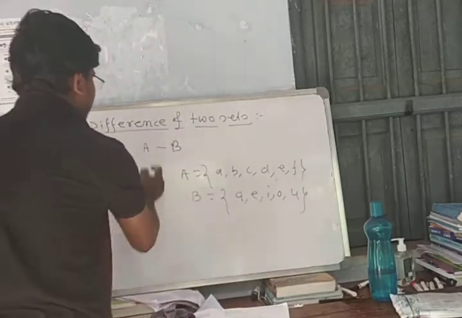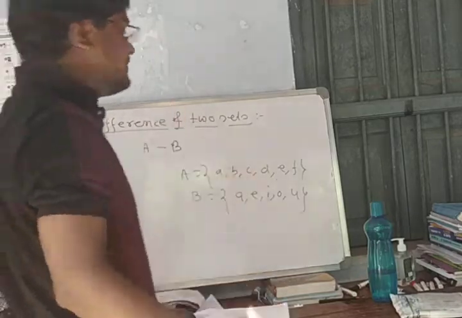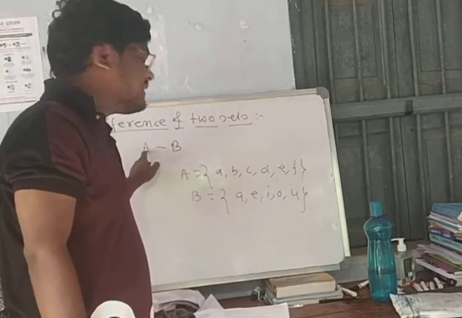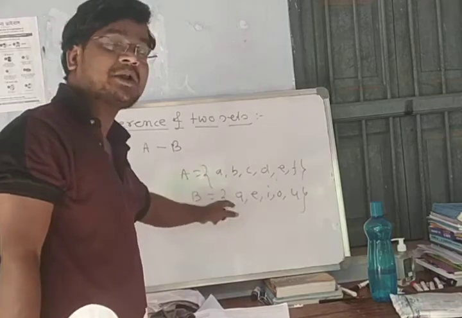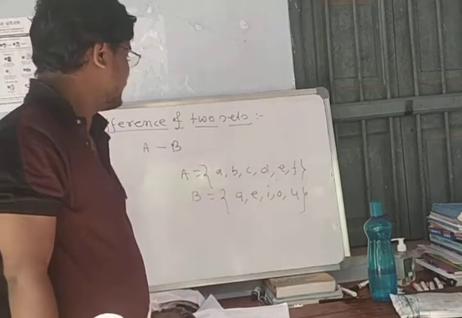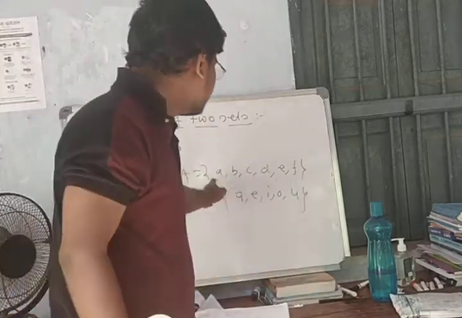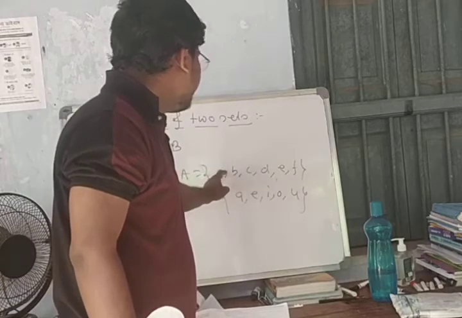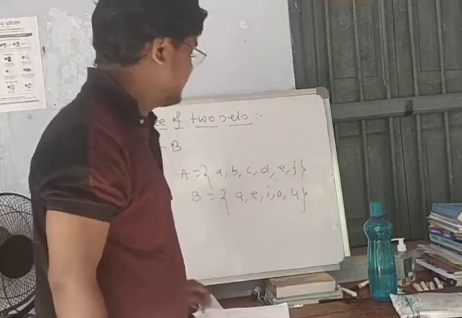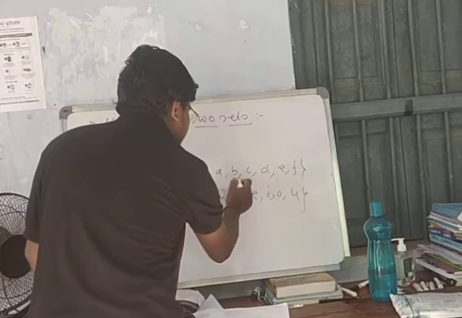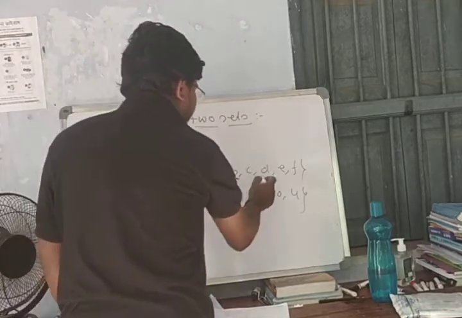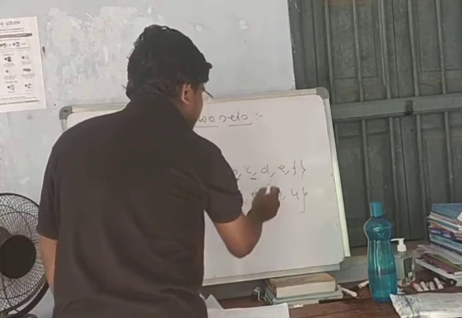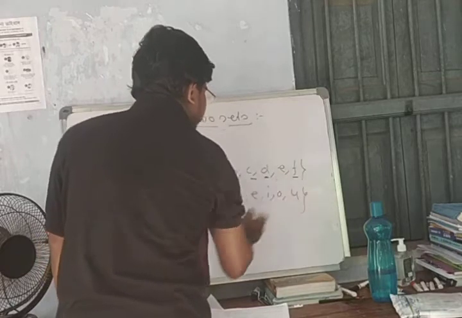Therefore, here A minus B means the elements in the set A which do not belong to the set B. Now you just see which elements are in A but not in B. That is b, c, d and f.